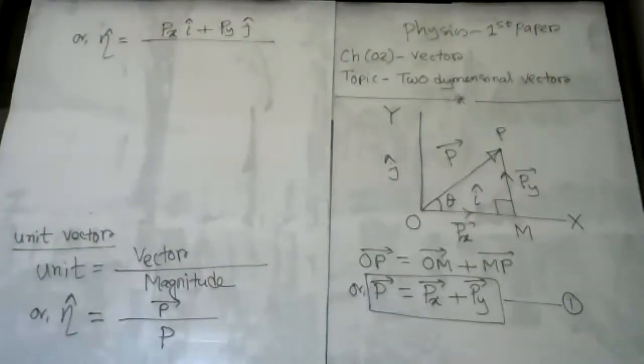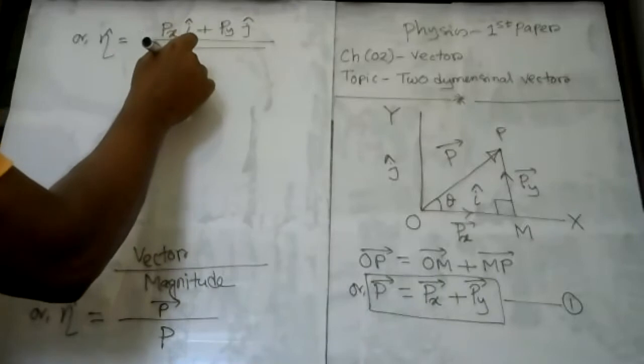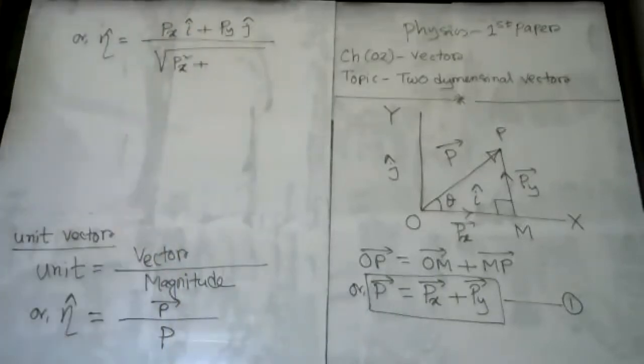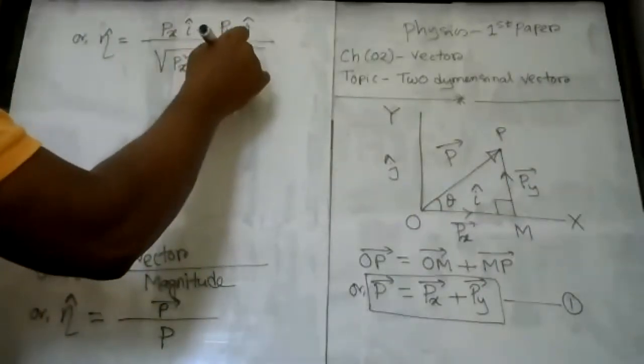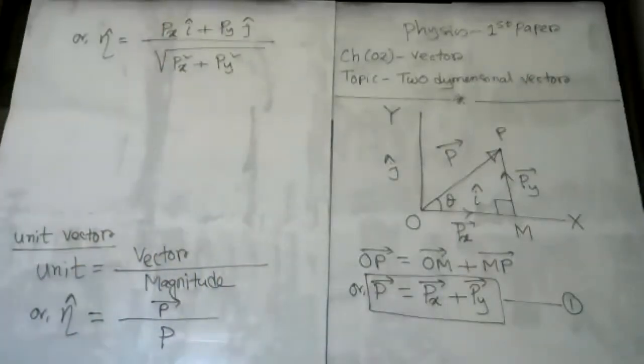Good. Now the magnitude P equals root over Px square plus Py square.